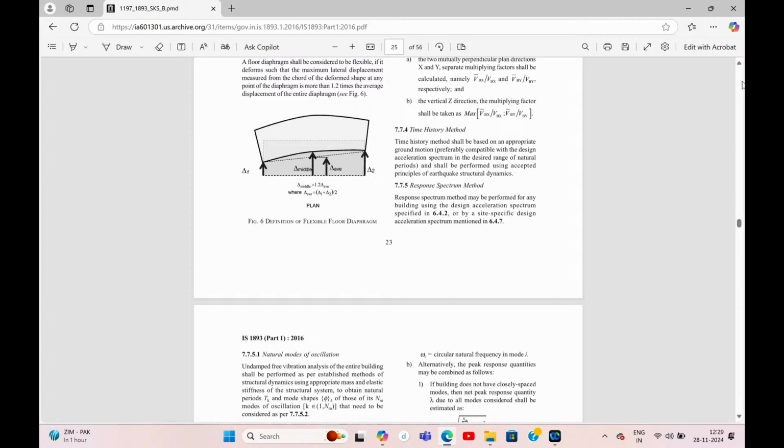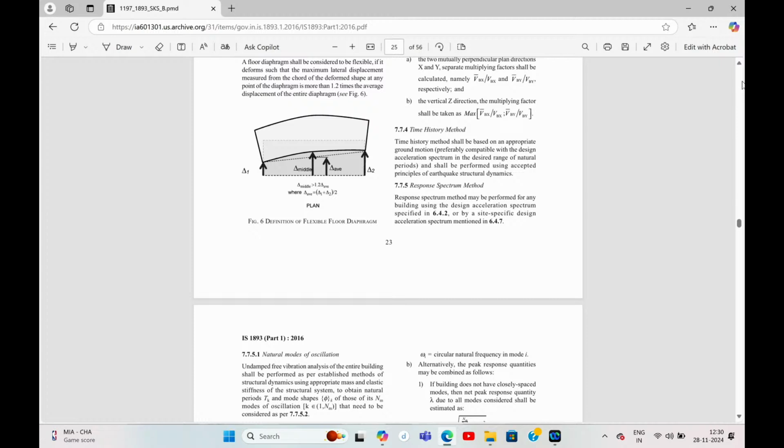So whatever method we use, we calculate the force. So you understand now what clause 7.6 is for and what 7.7.5 is for. One is the static coefficient method, another is the response spectrum method for calculation of lateral forces, right?